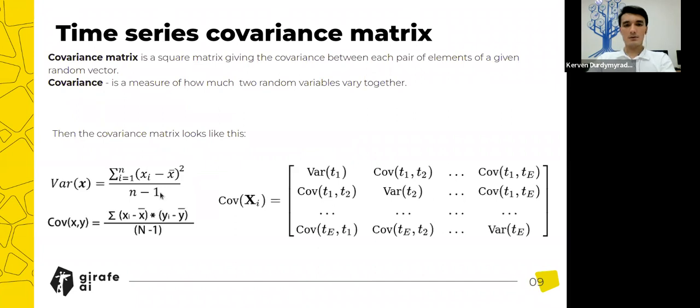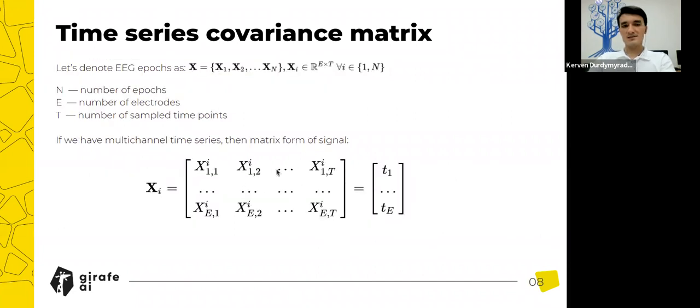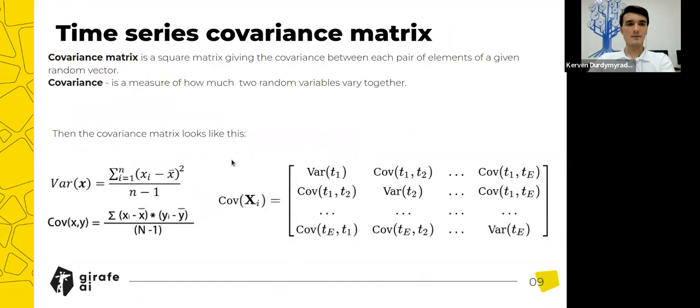Okay, now let's introduce the covariance of this epoch. To start, before starting with Riemannian geometry, let me introduce the covariance matrix, because we are constructing the covariance matrix of our epoch, our Xi matrix.